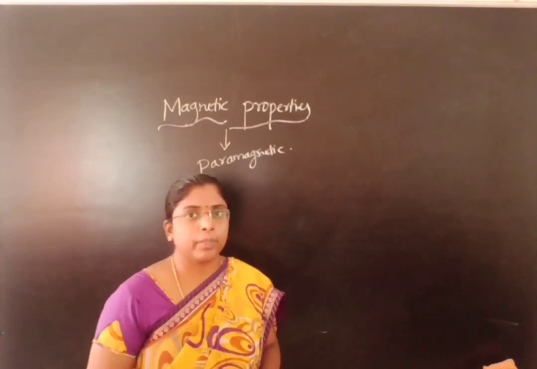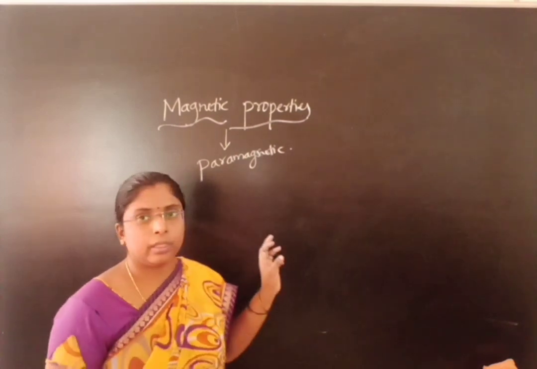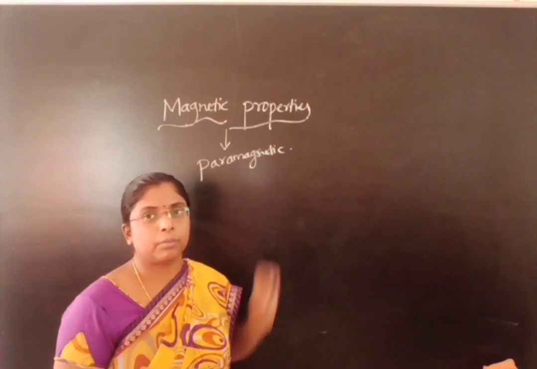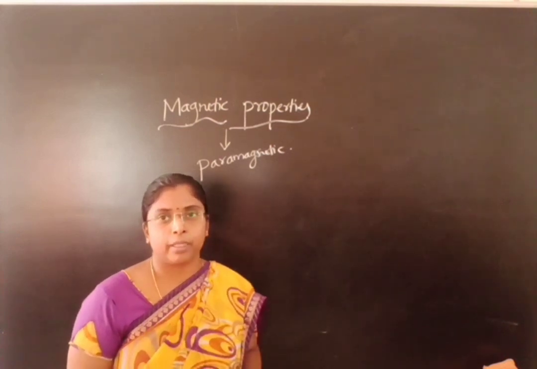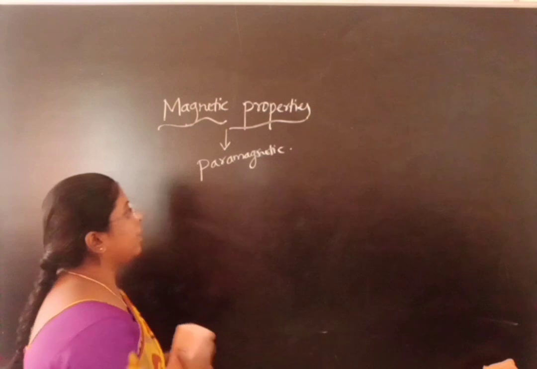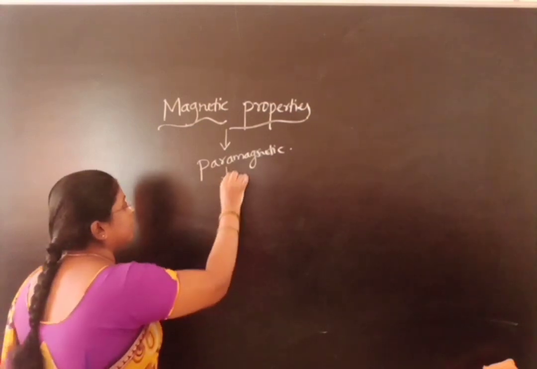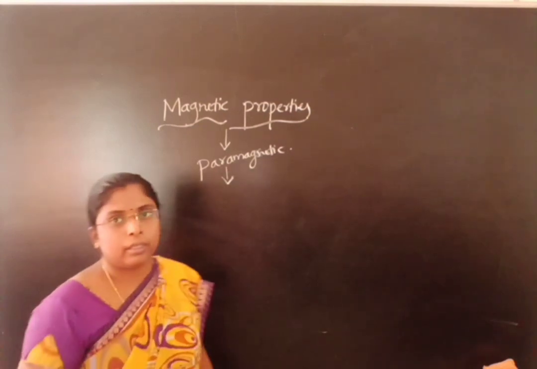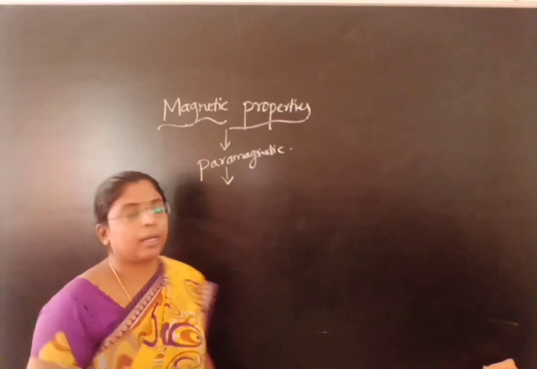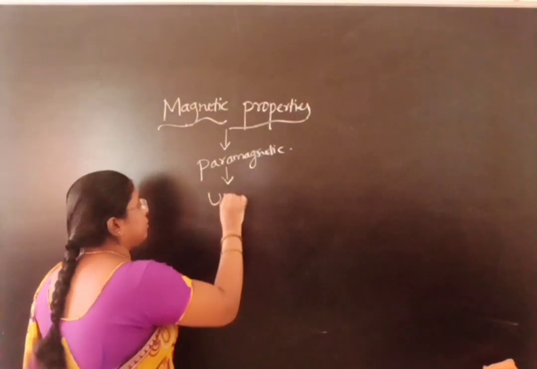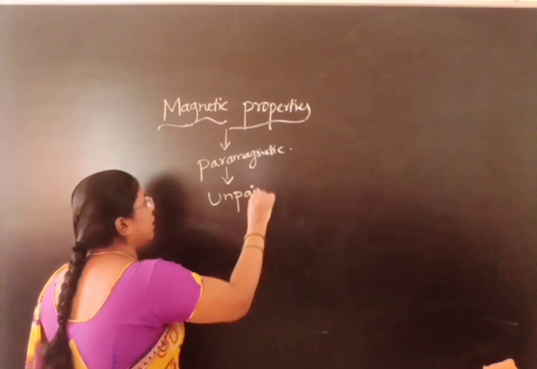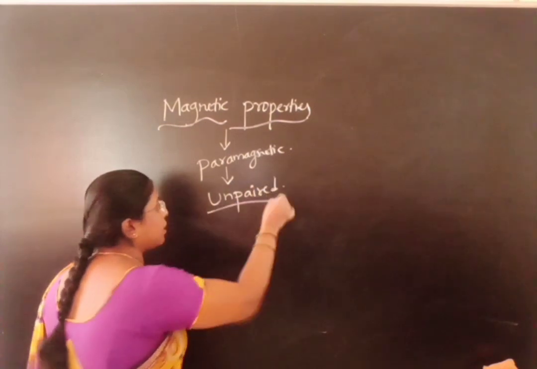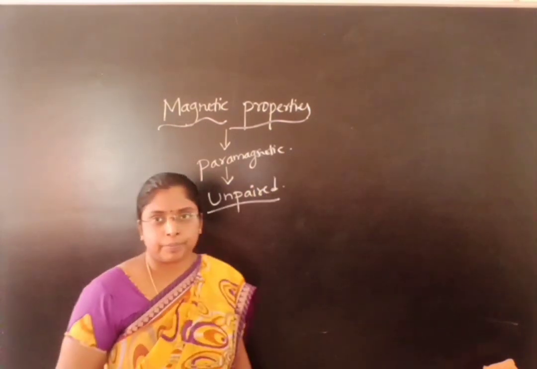All three magnetic properties are there, but among the three, most exhibit paramagnetism. To exhibit paramagnetic property, the substance should and must contain unpaired electrons. If it contains unpaired electrons, then only the substance is paramagnetic.